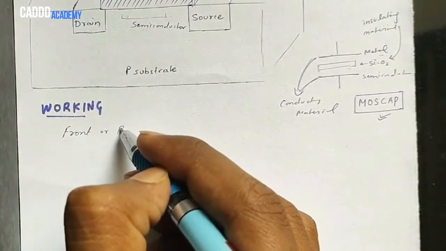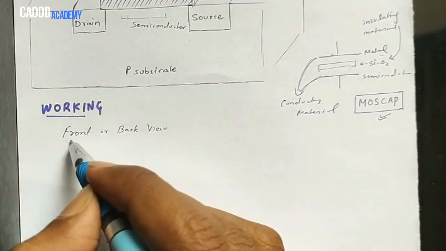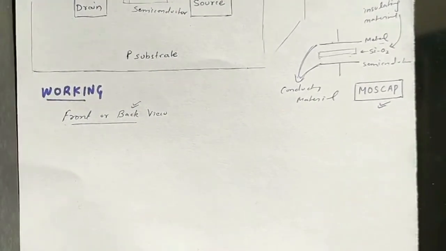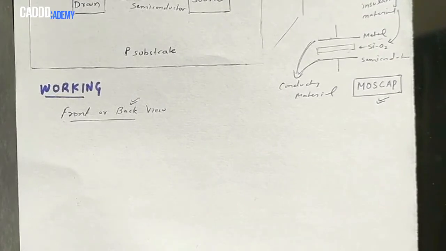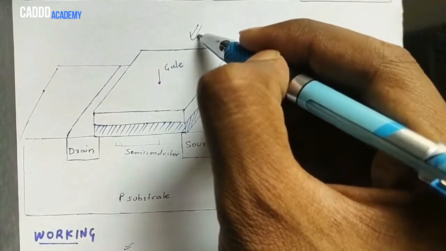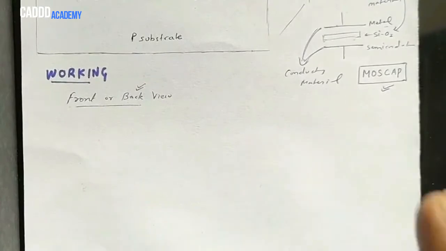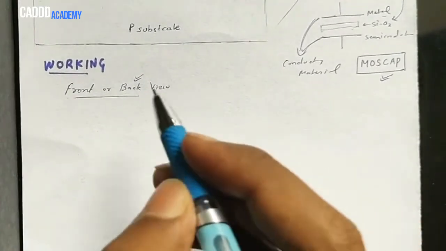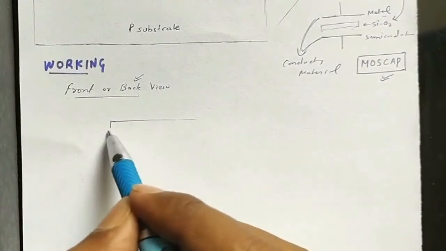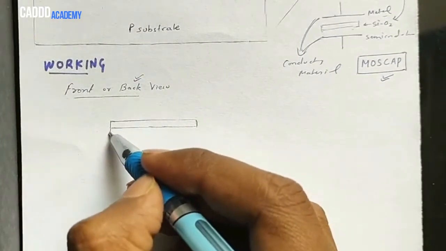Now I am taking a front or back view of the above diagram. For better understanding, we are taking the back view. So I'm drawing a back view here. This one is metal, and after that we have a silicon oxide layer.